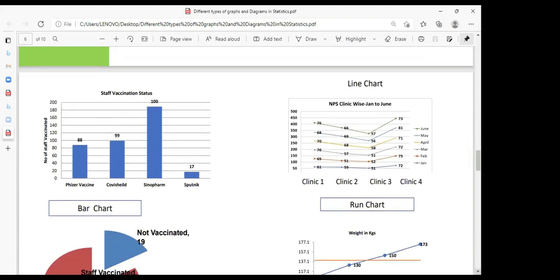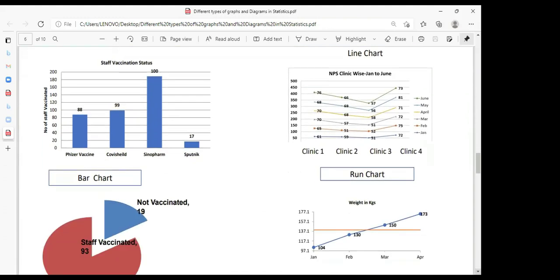I've tried to put up some graphs so that it will help us to understand better. If you can see the first graph over here, it's basically showing the staff vaccination status of the different vaccines taken. Here I put it up in a bar chart, which displays the number of staff who are vaccinated versus not vaccinated.